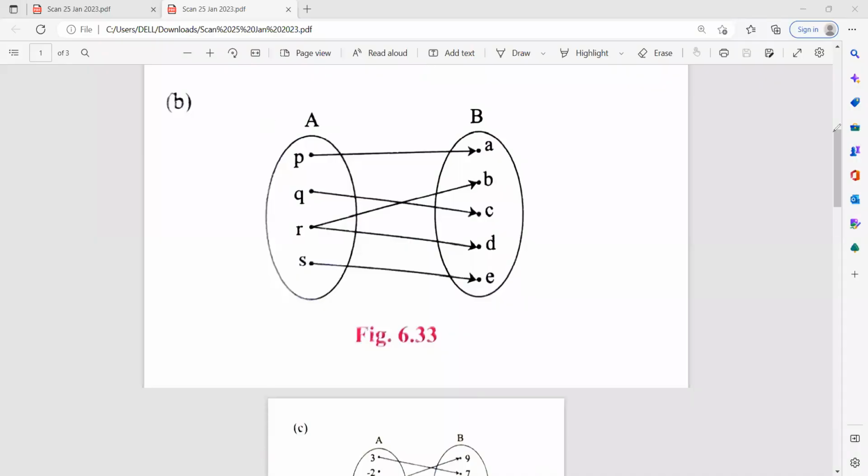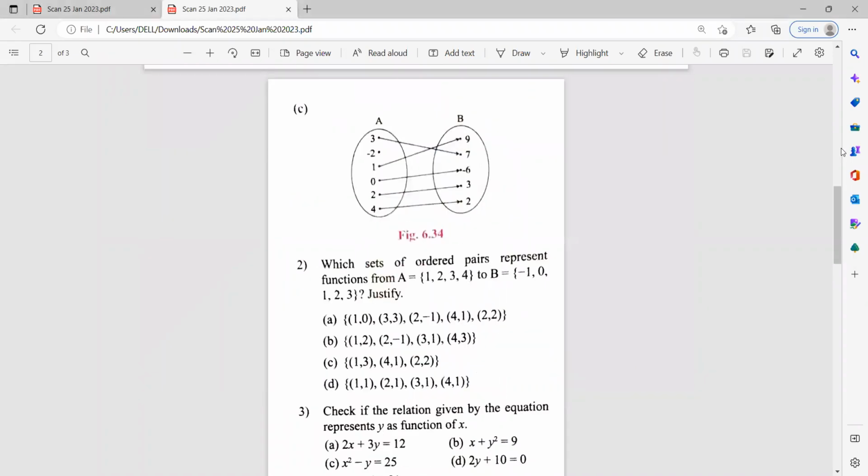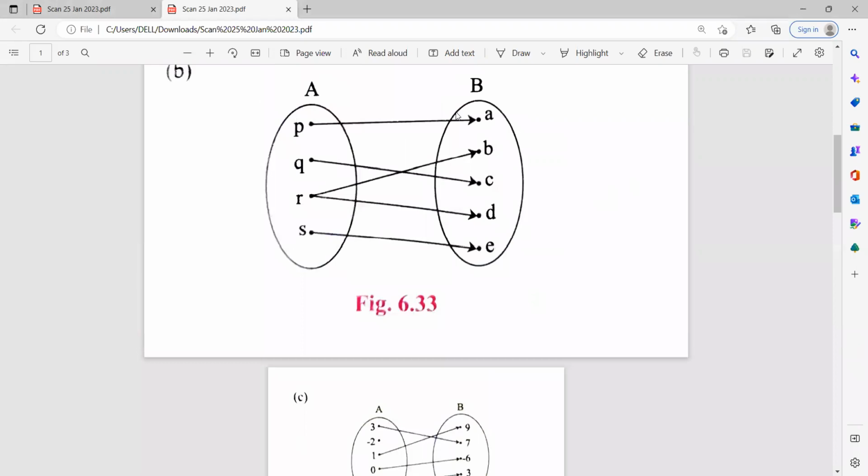Now let's go for the next one. What do you all have to say about this particular correspondence? Here you will write the final answer.